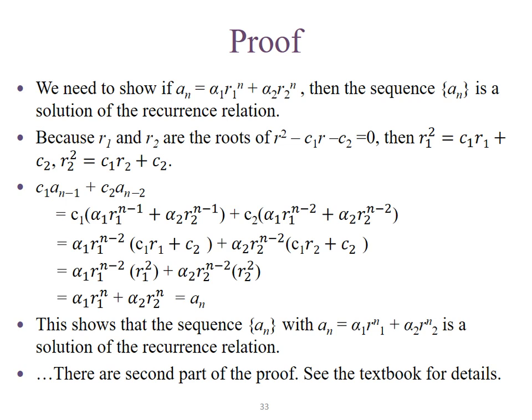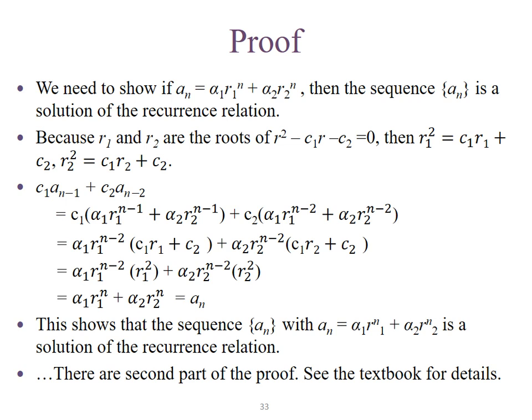Now we have C1 R1 plus C2. Actually, it equals R1 squared because we already have the results of our characteristic roots. So we replace these two terms by R1 squared and R2 squared.